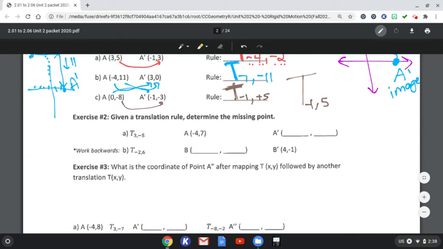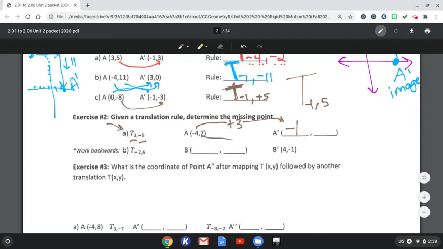Exercise 2, given the translation rule, determine the missing ordered pair. So in exercise 2 here, they give us the translation rule. They say translate 3 in the x direction and 5 in the y direction. So what we're going to do here is take our negative 4 and add 3, which gets us to negative 1 as a new x value.